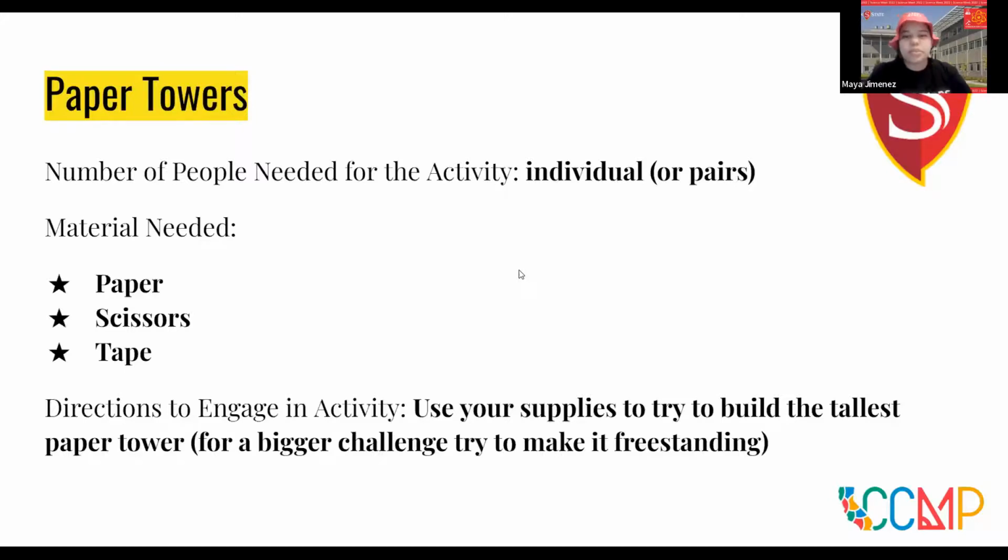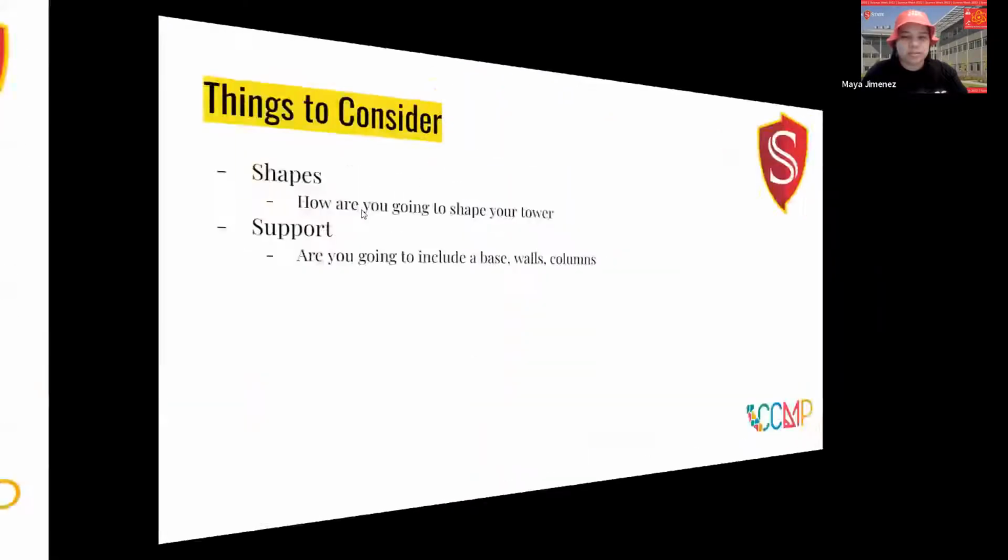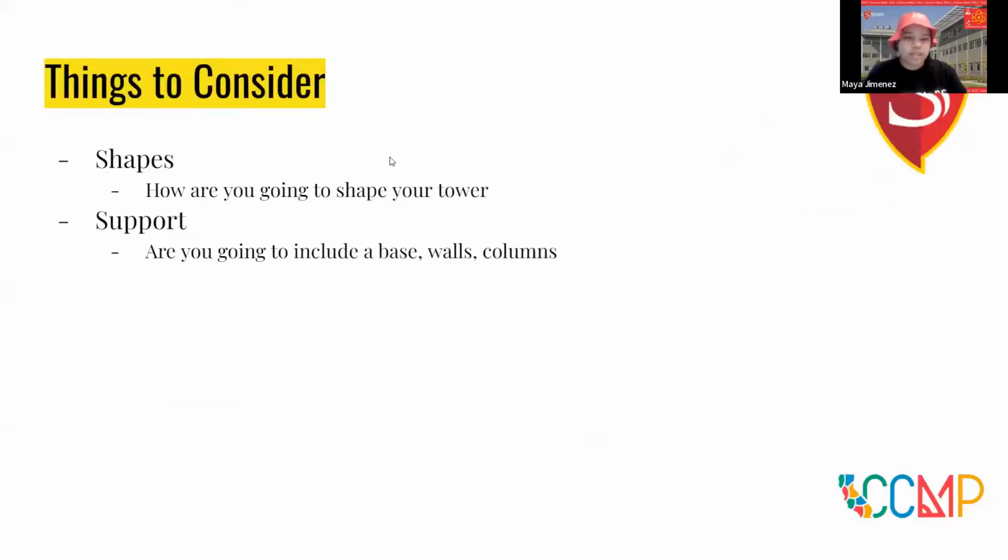The sheets of paper, I would say around 5, depending on how quick the students work. It also depends on how they're making it. So for example, you want to think about what kind of shapes and what kind of supports you're going to be using.